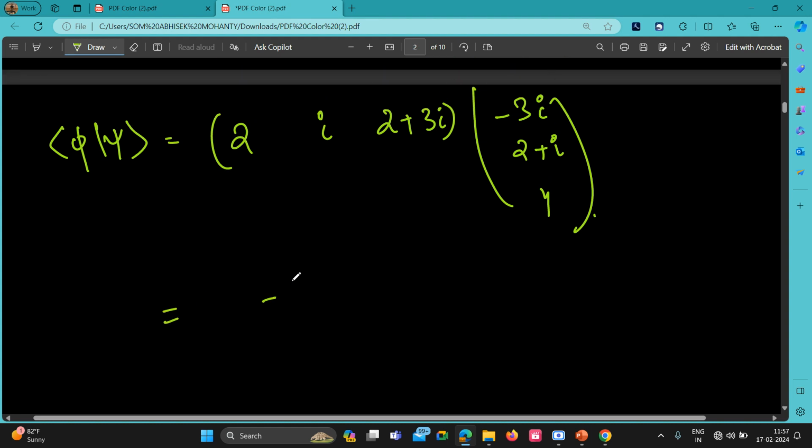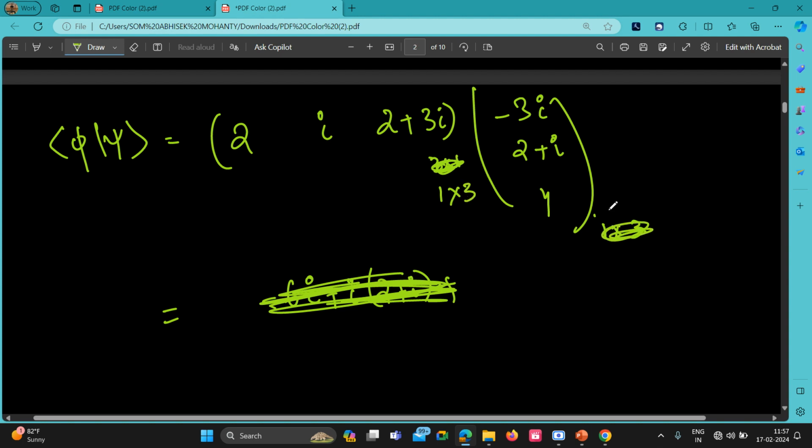This is a 1 by 3 matrix, one row and 3 columns, and this is 3 by 1, 3 rows and 1 column.